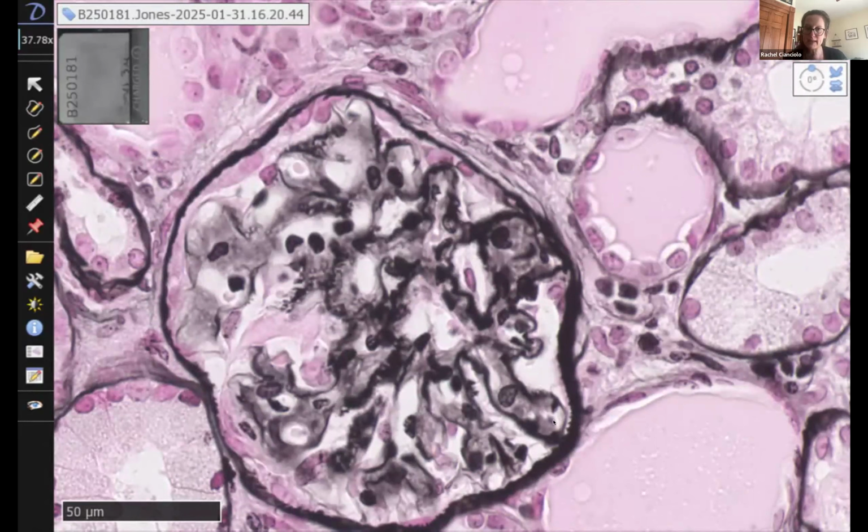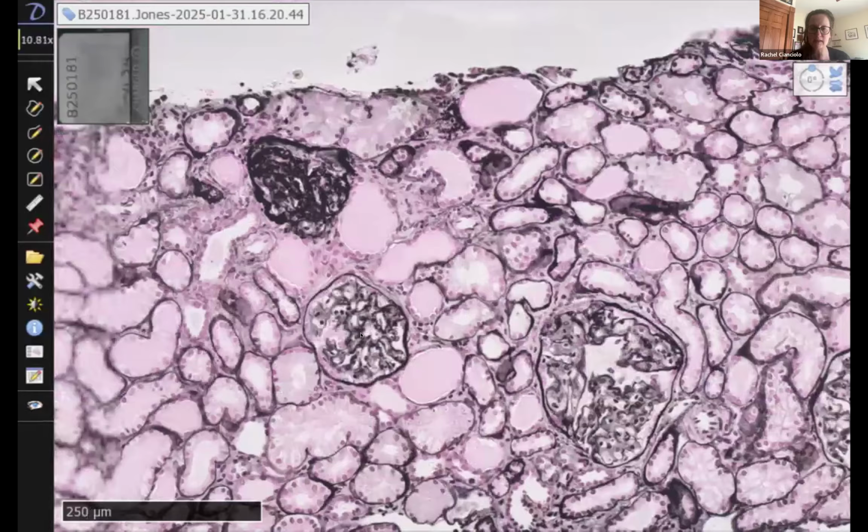The glomerular basement membrane is also dark black. But there's a pale gray material where the mesangium is, and that's classic for what amyloid does. It has a very small, hazy amount of staining with the Jones, and that was consistent with the fact that we thought it was amyloid.